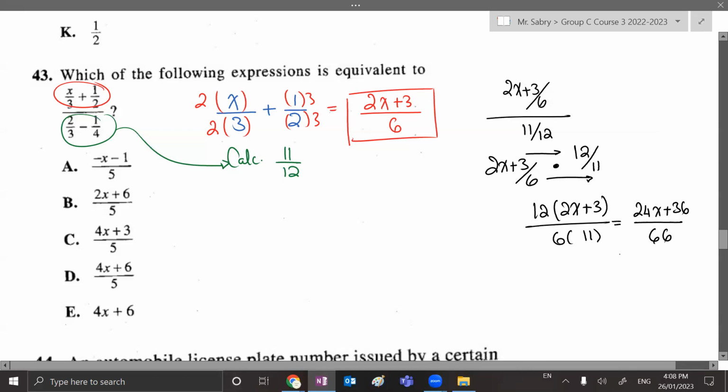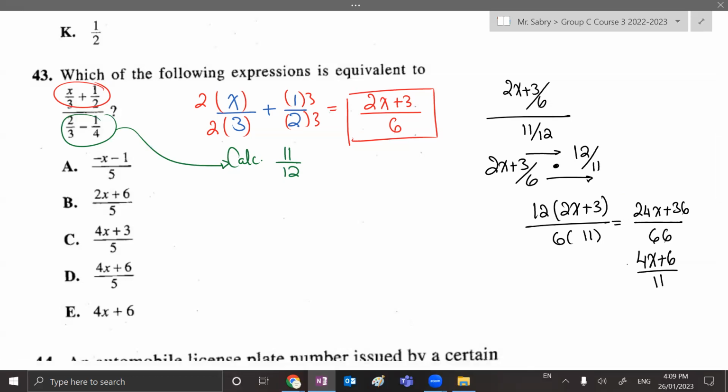On a calculator, I'd still tell you to try and simplify all and divide it all by 6, for example, because it's all divisible by 6. If you divide it by 6, or by 12 كمان, بس يعني 6 first of all, you'll have 4x plus 6 over 11. I think I did something wrong.